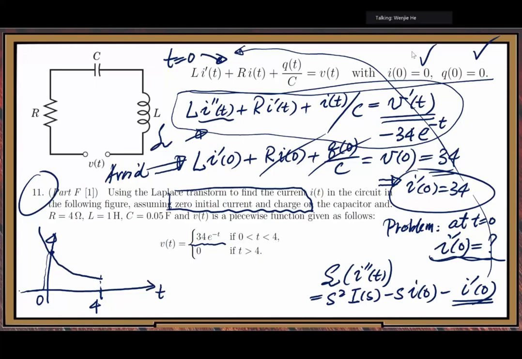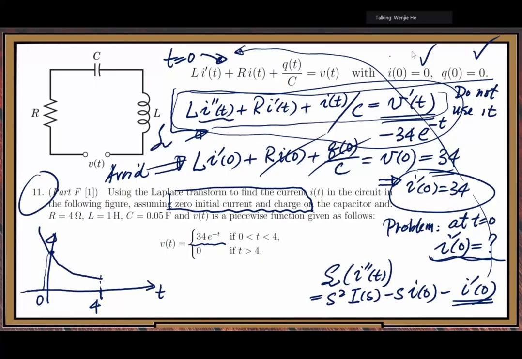How to avoid? Do not use this version of the formula. Do not use this derivative in this case. Use the original equation.